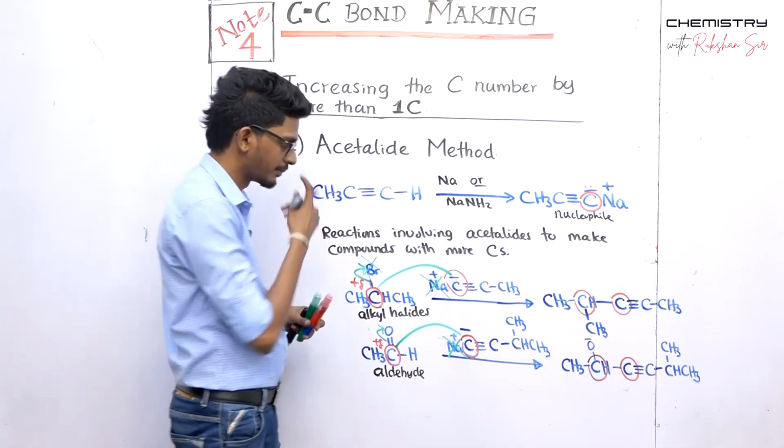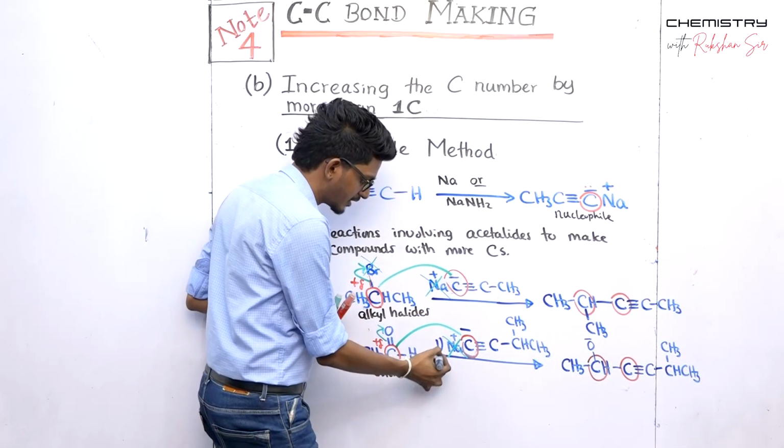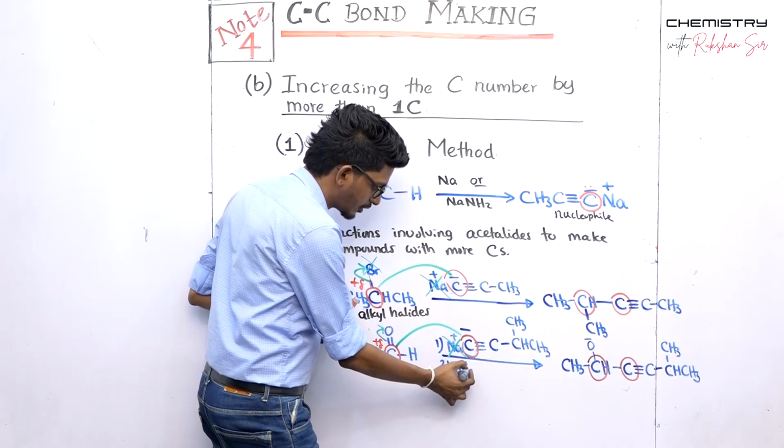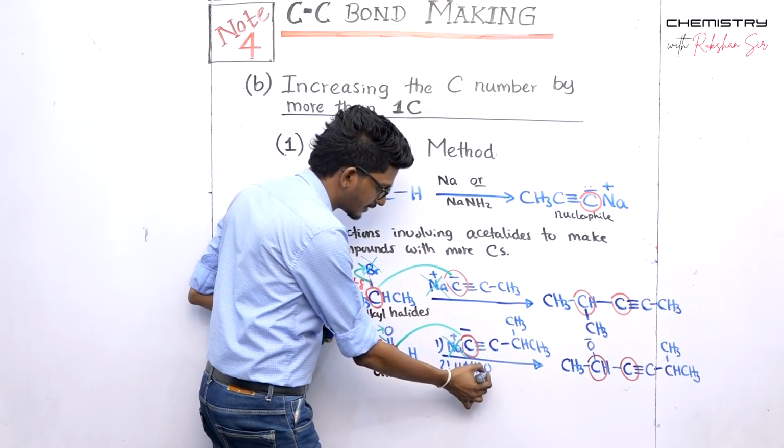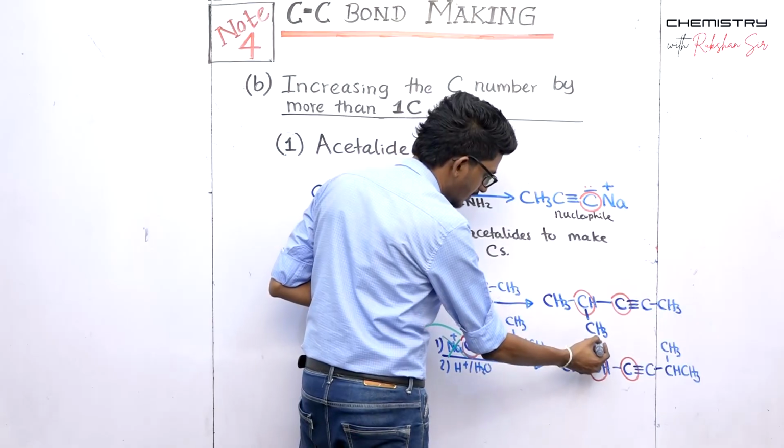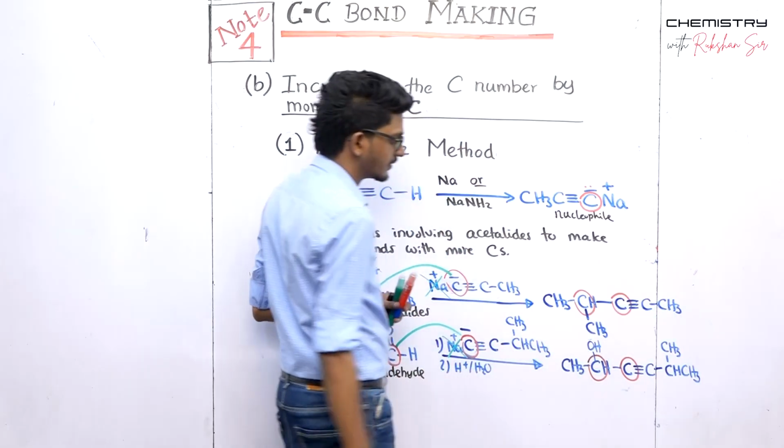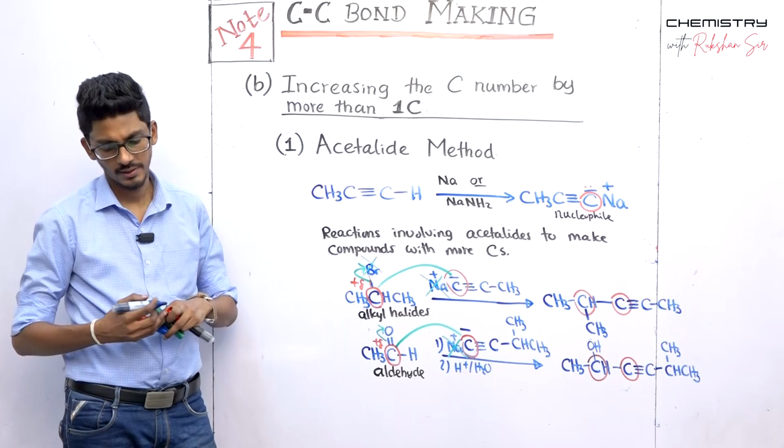So if you add some H plus H2O like in Grignard, you can come up with an OH here.